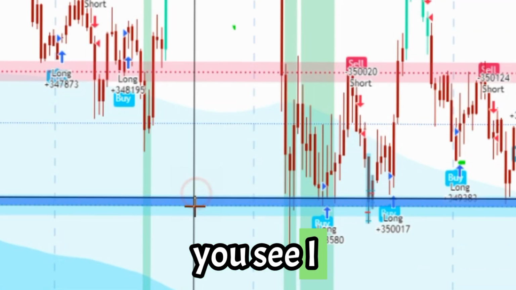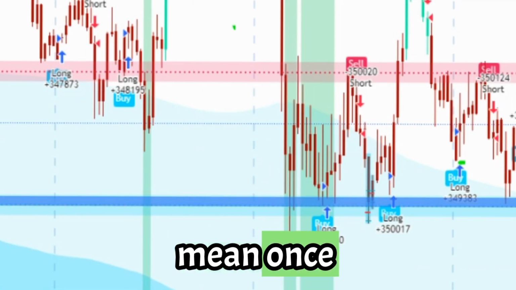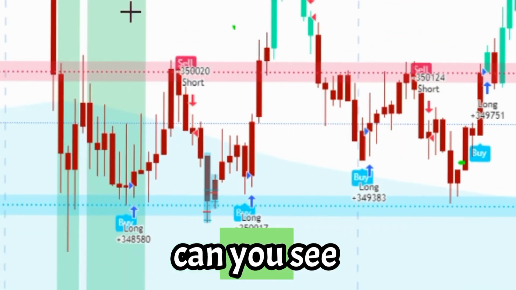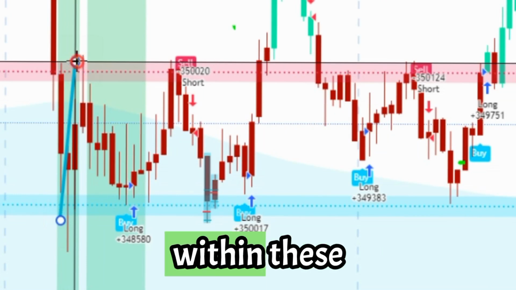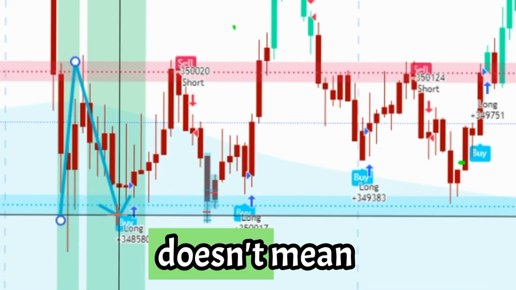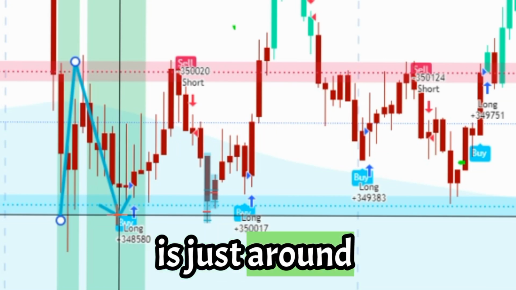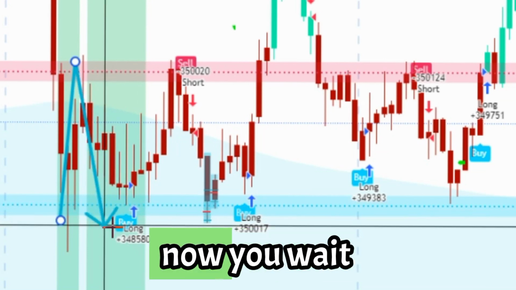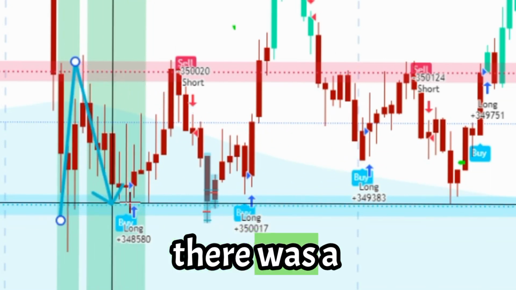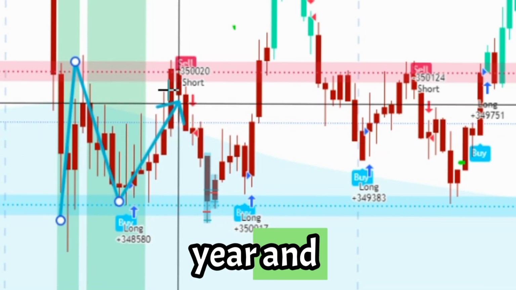You see, I want to remove this. Okay, can you see the movement within these zones? This doesn't mean that whenever the market is just around, you just enter. No, you wait for a signal. Let's take a look at this. There was a zone here, and there was a long signal.